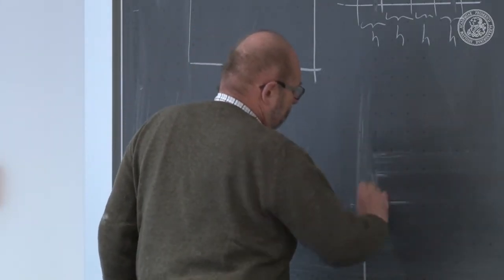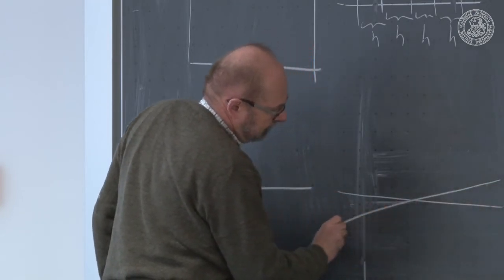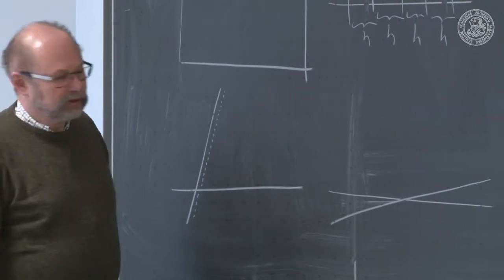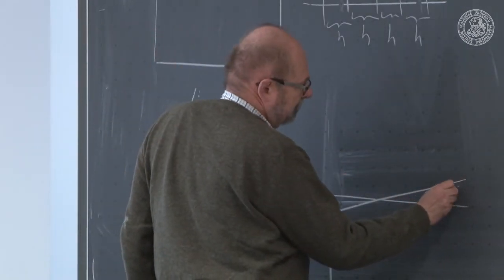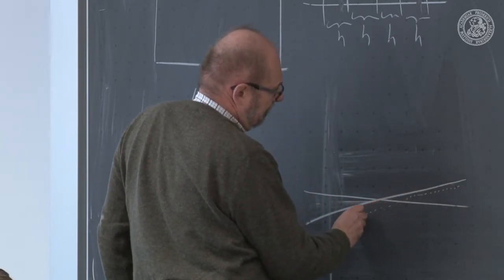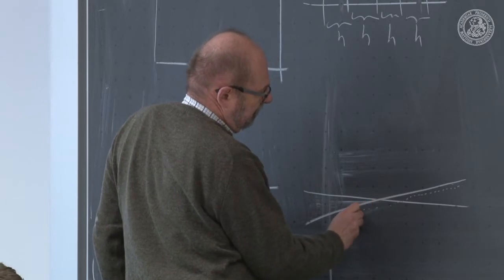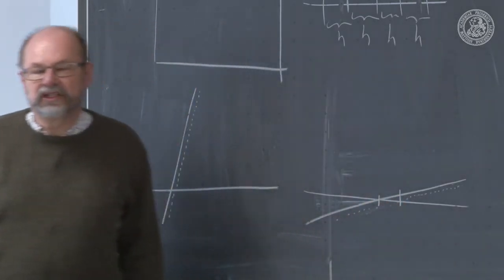Now I change my problem and take this here, also a nice two-dimensional problem, and I do the same perturbation. And you have seen already last time, it's a bad drawing now, that the error becomes much larger.